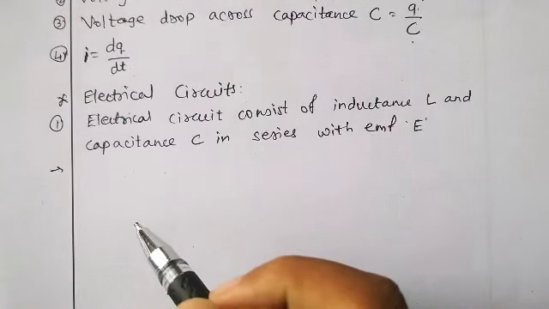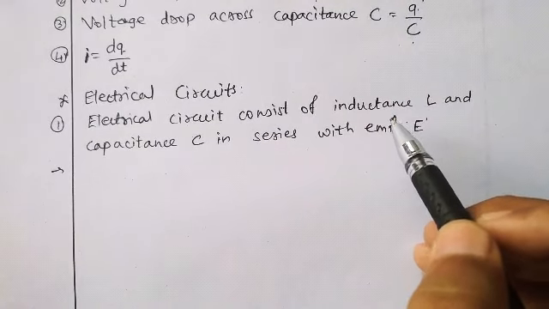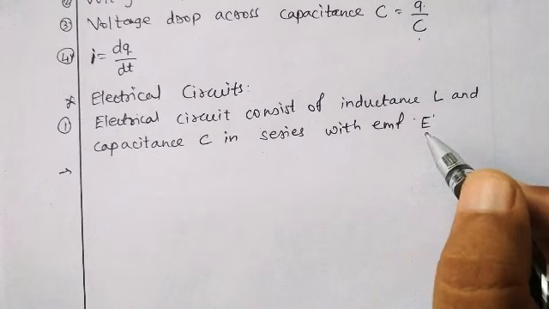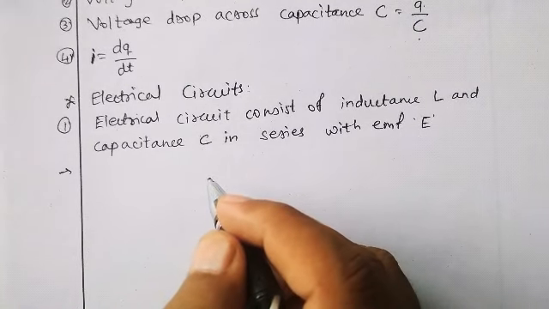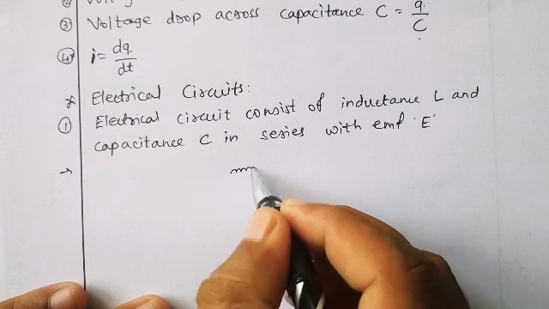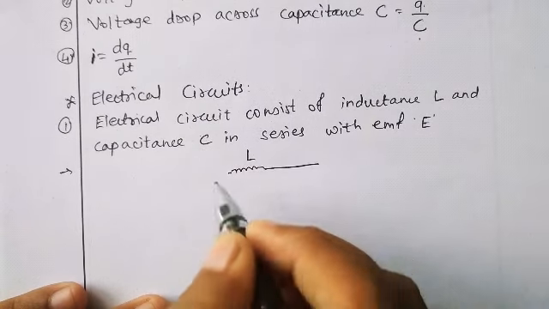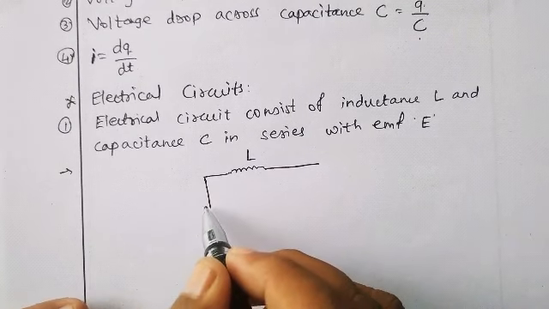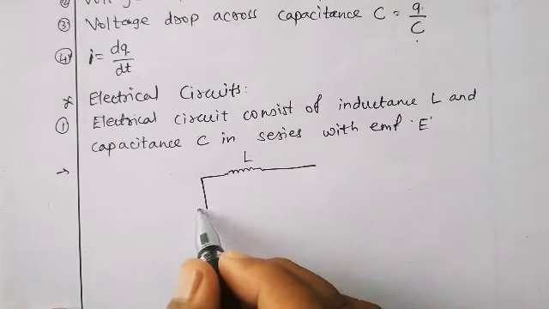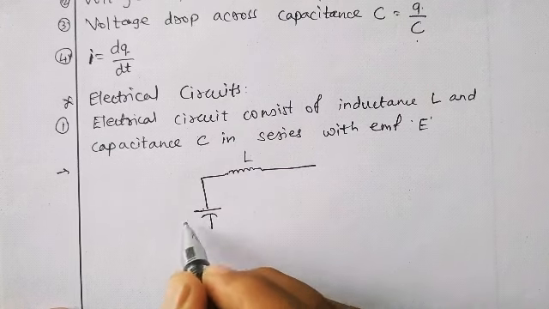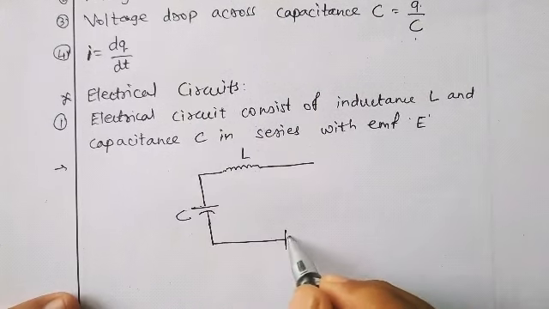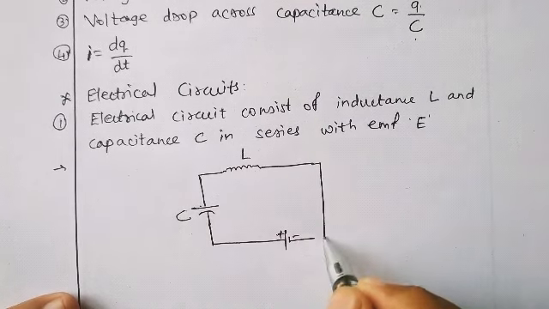Now consider an electrical circuit consisting of inductance L and capacitance C in series with EMF E. So this circuit looks like this: suppose this is inductance L, then capacitance C in series with EMF, so this is the battery.